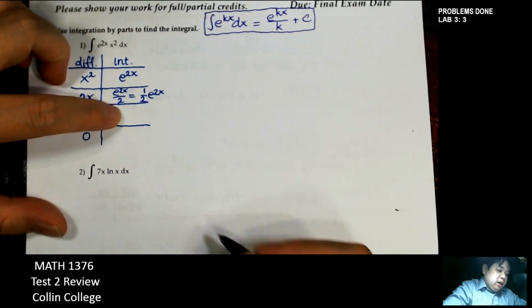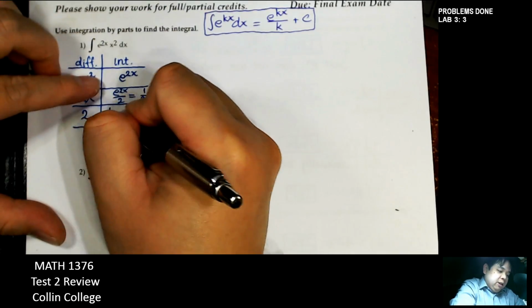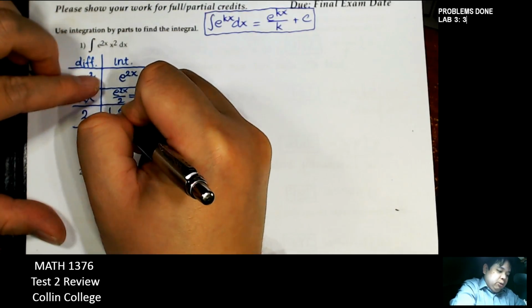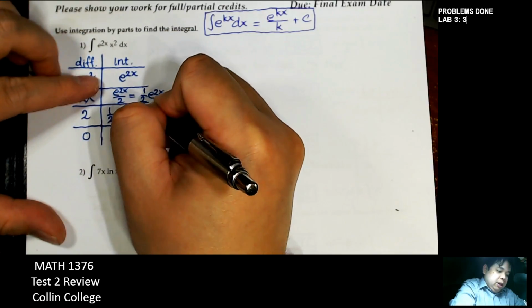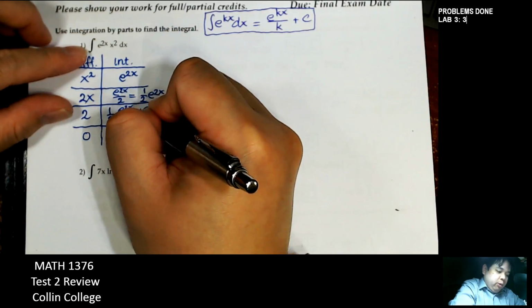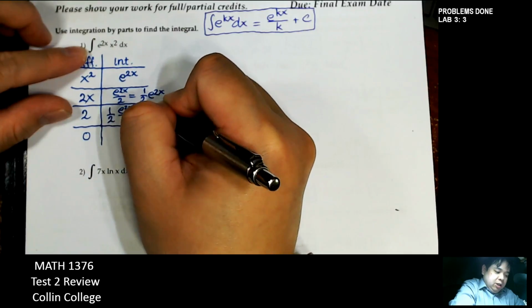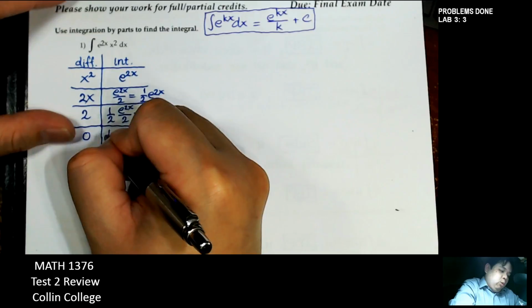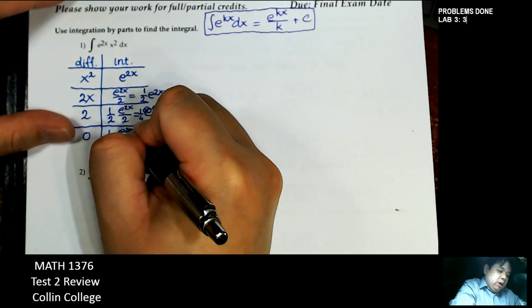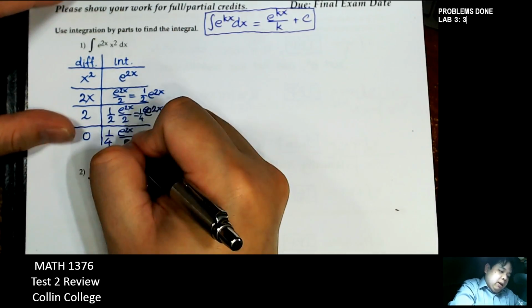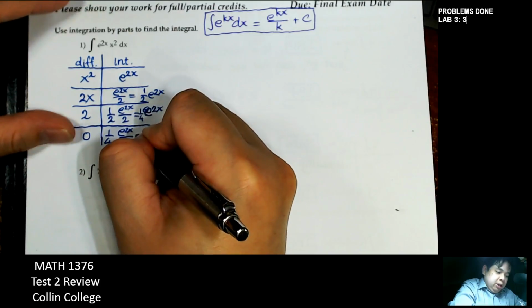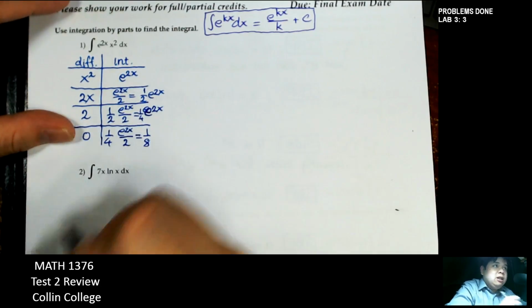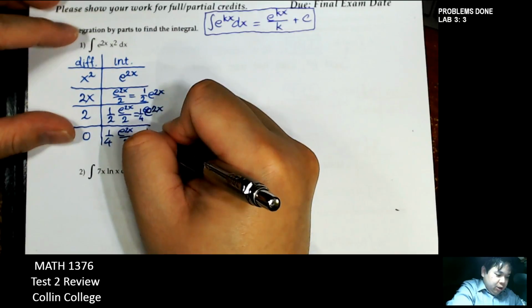And then I integrate again, will be 1/2 e to the 2x over 2, 1/4 e to the 2x, and then we have 1/4 e to the 2x over 2 will be 1/8 e to the 2x.